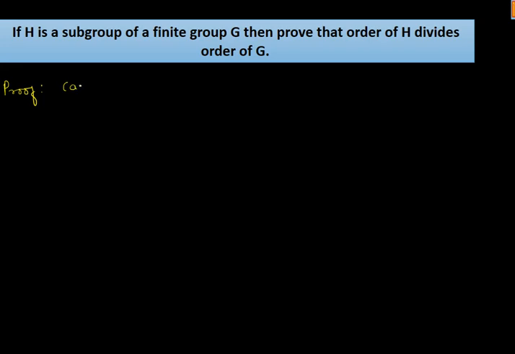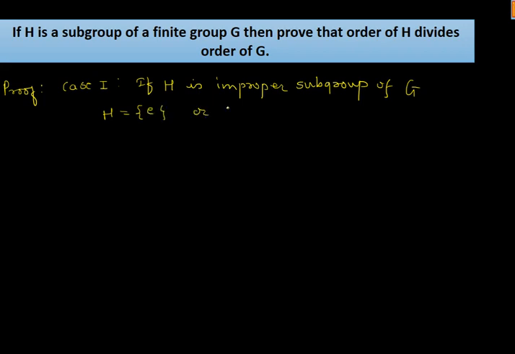So in case number one, suppose that H is an improper subgroup of G. That means H is either singleton E or H is equal to G itself.